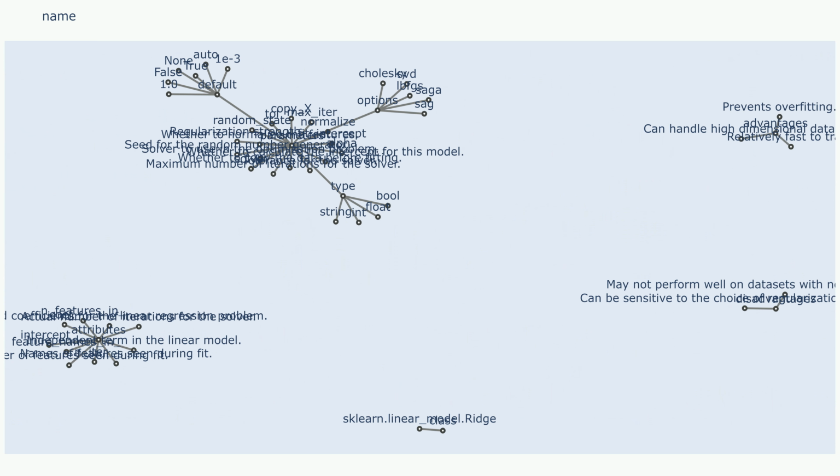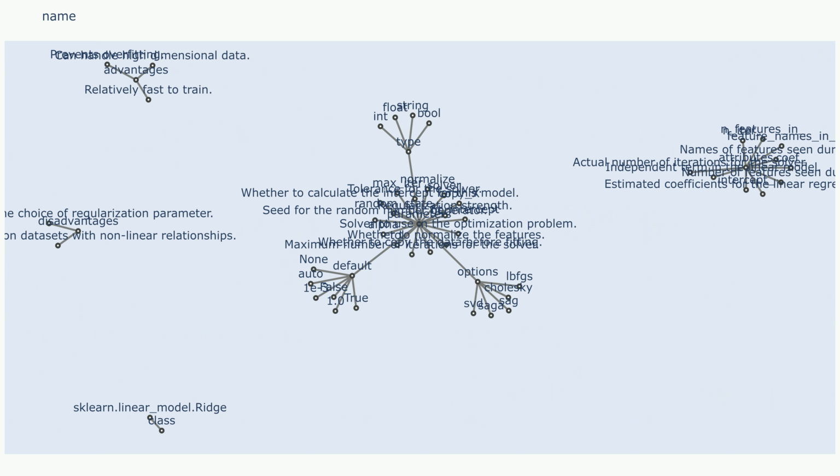solver: SVD, Cholesky, SAG, SAGA, LBFGS. Default SVD. The algorithm used to solve the optimization problem. SVD uses singular value decomposition, which is the default and generally robust. Cholesky uses Cholesky decomposition, which can be faster for small datasets.